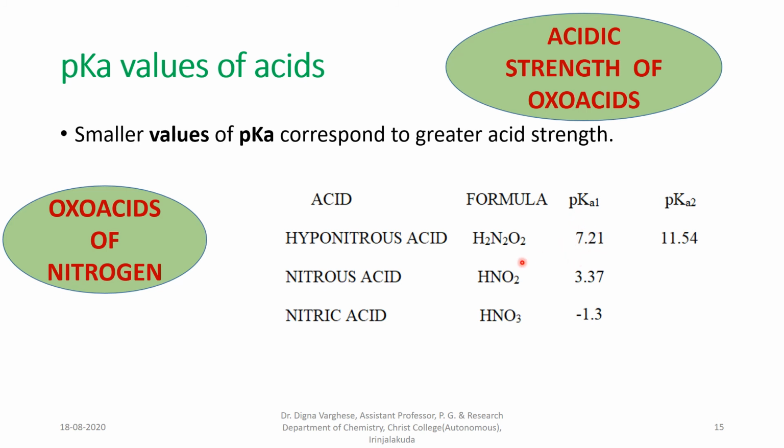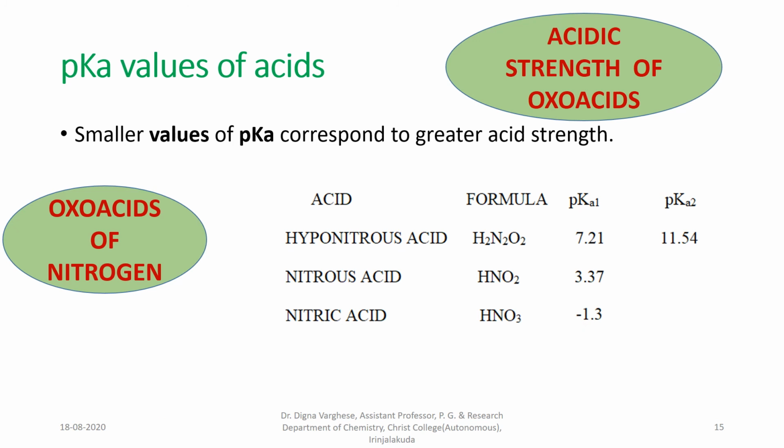It is a dibasic acid, so pKa2 is 11.54. Nitrous acid is a monobasic acid with the formula HNO2. Its pKa value is 3.37. Nitric acid is HNO3. Its pKa value is minus 1.3.